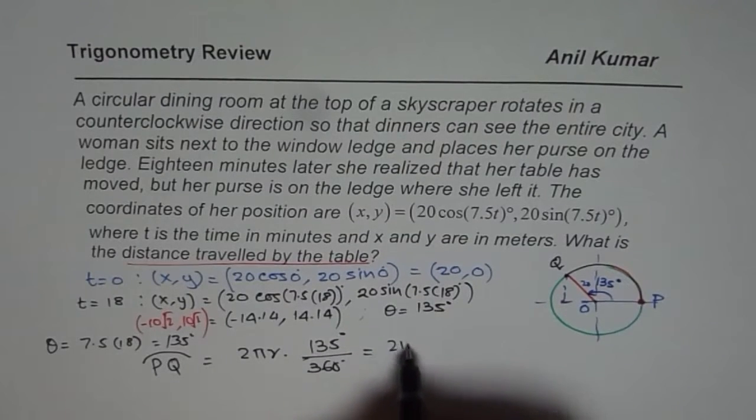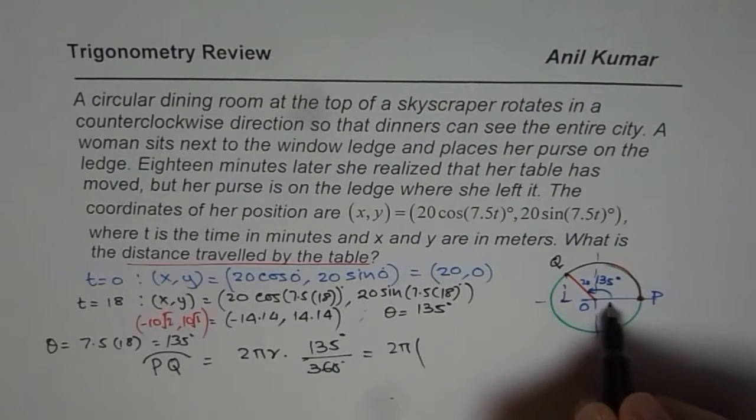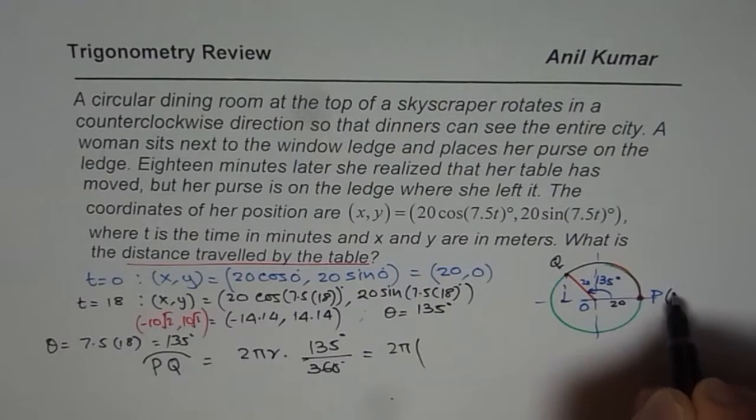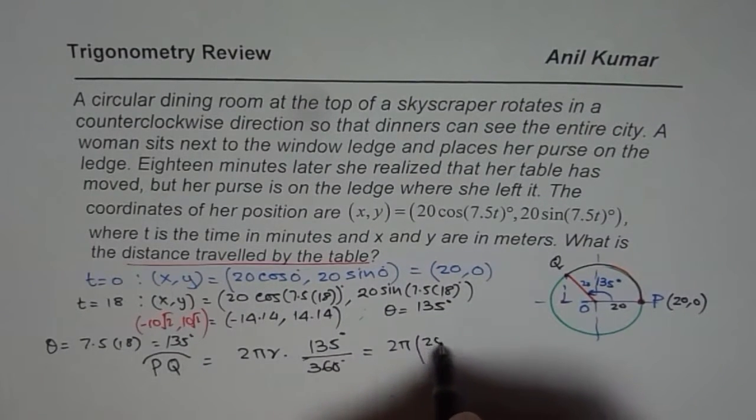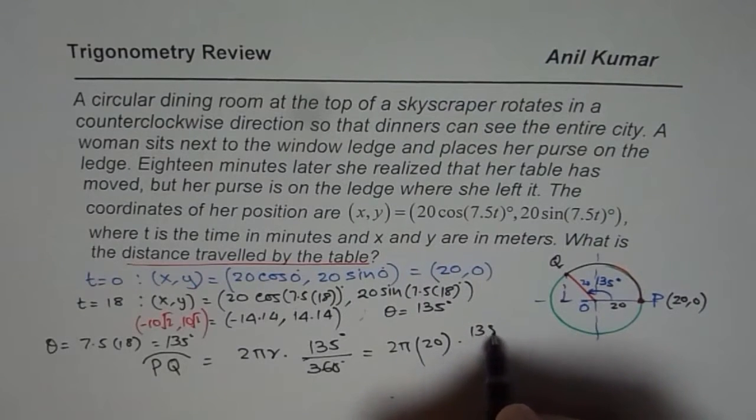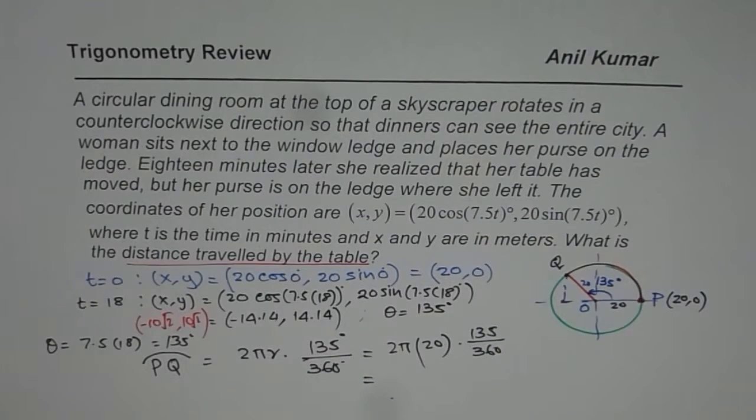So let's now do 2π. The radius is 20, we know this is 20, the point P is at 20. So the radius is 20: 2 × π × 20 × 135 divided by 360. That should give you the answer. So let's do it.